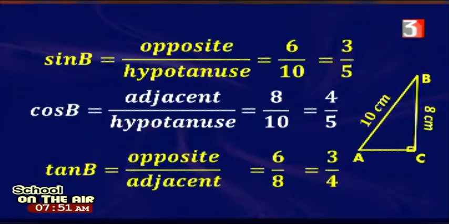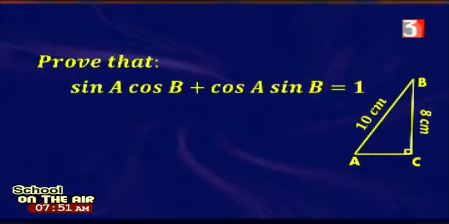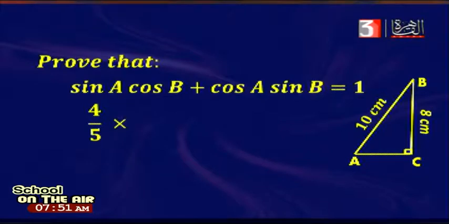Then you want to prove that sine A cosine B plus cosine A sine B equals 1. You have found sine A. What about sine A? That's correct. It is 8 over 10, which is 4 over 5, multiplied by cosine B. What about cosine B?